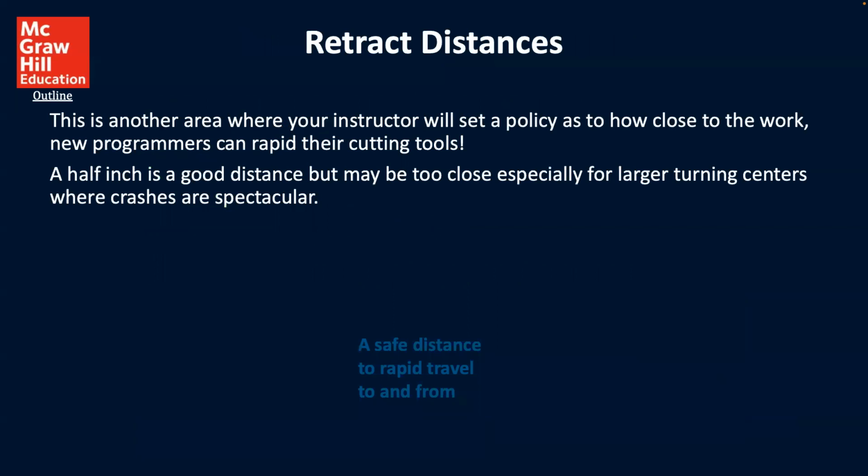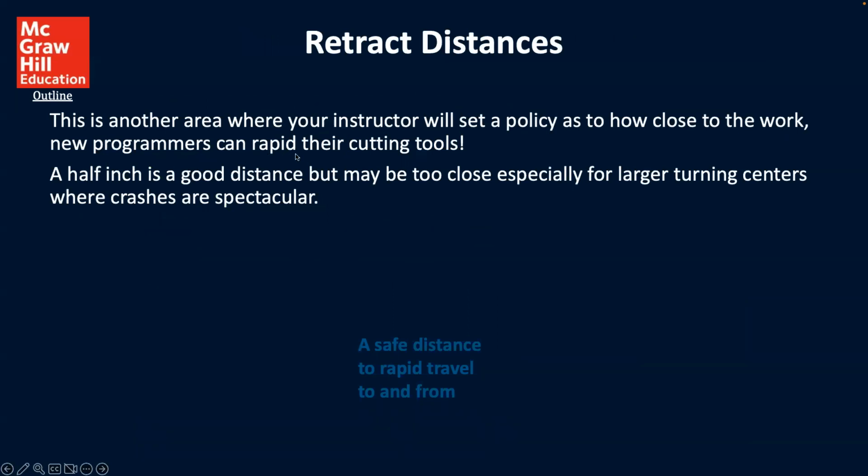For retract distance, this is another area where your instructor, say when you're out in the lab, will set a policy as to how close to the work, thinking about the limited capability of our project tools.